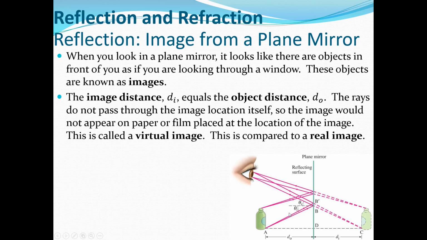So a lot of times the best way to think about real versus virtual images, because it does come up later on, is that if the image is produced in the real world, which is over here on this side of the mirror, it's a real image. If the image is formed on this side in the mirror world, we call it a virtual image.